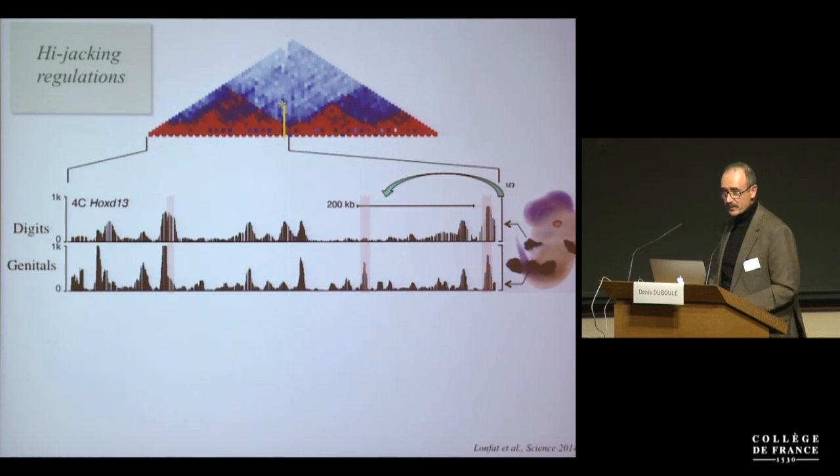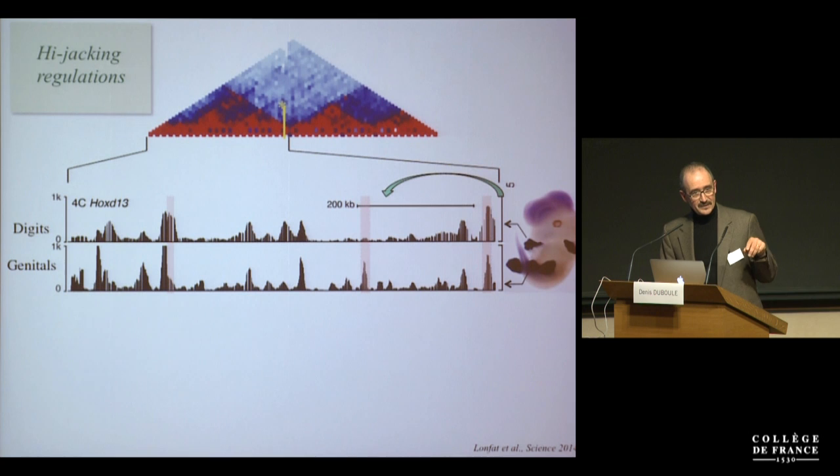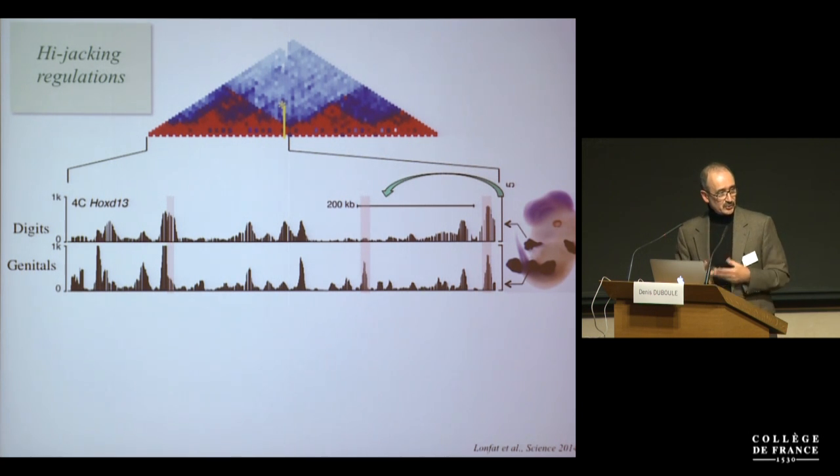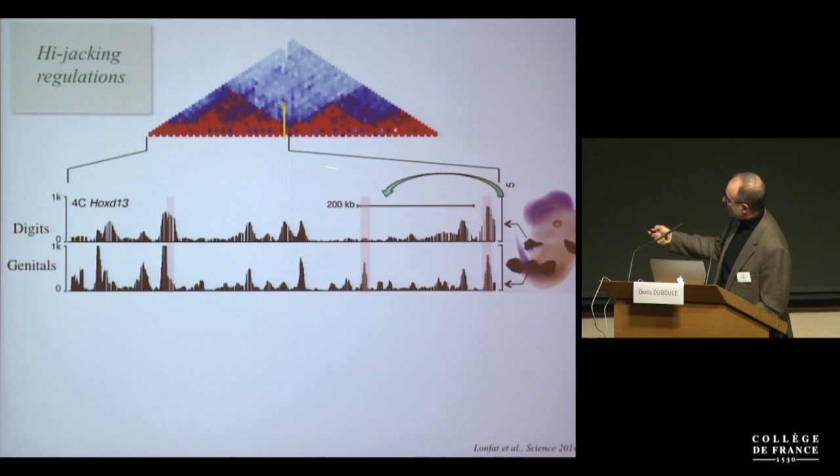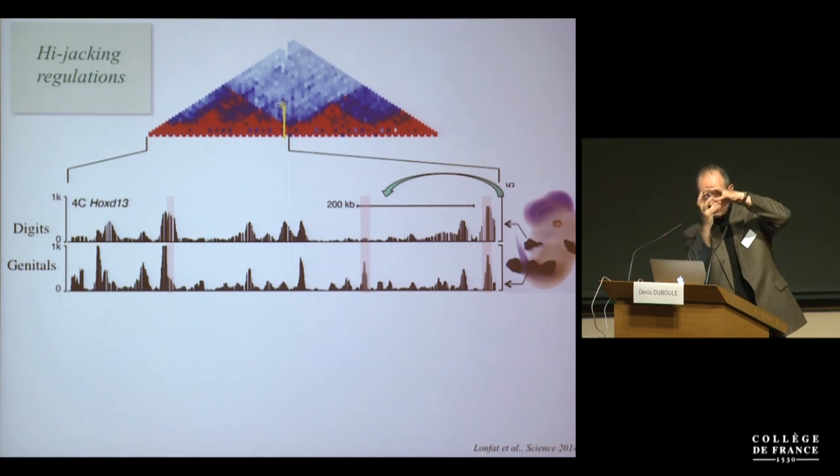And Nicolas Lonfa, when he was a student in the lab, decided to look if the expression in the genitals was controlled by the same TAD as the expression in digits. So he ran this 4C analysis, and just to make it very simple, you see that most of the peaks are conserved. That is, if you look at this regulatory domain in digits, it's like this.